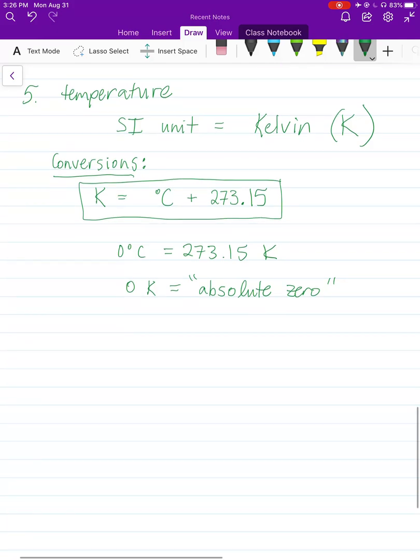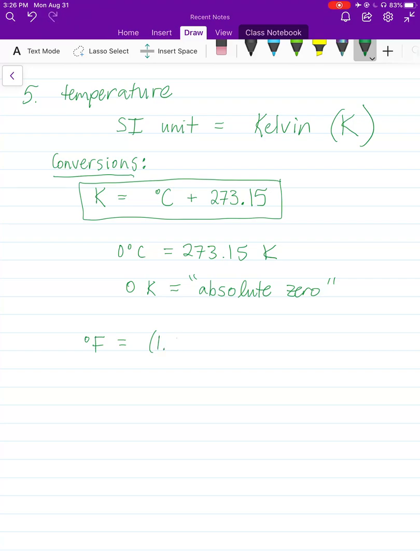So you can convert easily from Celsius to Kelvin by just adding 273 to the Celsius temperature, or subtracting 273 from the Kelvin temperature. Now, Fahrenheit is not an SI unit, but it's useful to have the conversion from Fahrenheit to Celsius. And then, of course, you can go from Celsius to Kelvin.